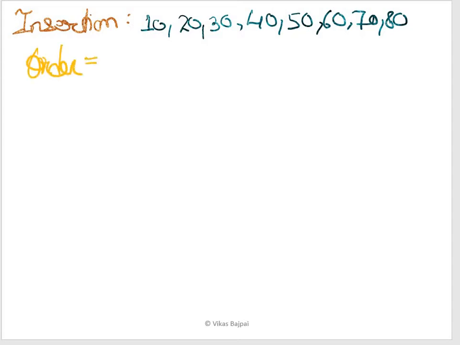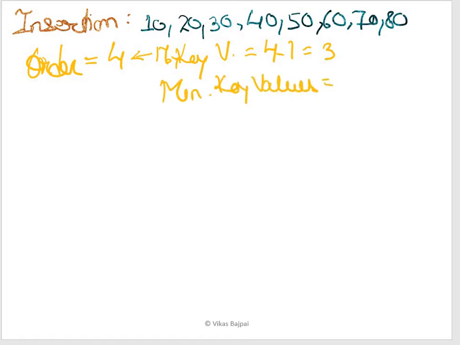Let's say I have order as 4. This will give me an idea that there can be not more than 4 children, and key values will be 4 minus 1, which is 3. This is max. Your min key values will be 4 by 2 minus 1, which gives me 1. So that would be the min key values.